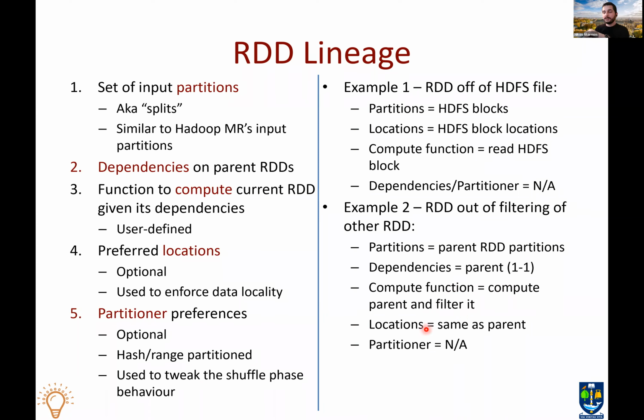The location is the same as the parent, and there is no partitioner here. Why is the location the same as the parent? Because this is one of those operations that can be pipelined. Since for every partition of the parent, you create one partition of the child, it makes sense to assign a partition of this RDD to the same place where its parent partition lives in the cluster.